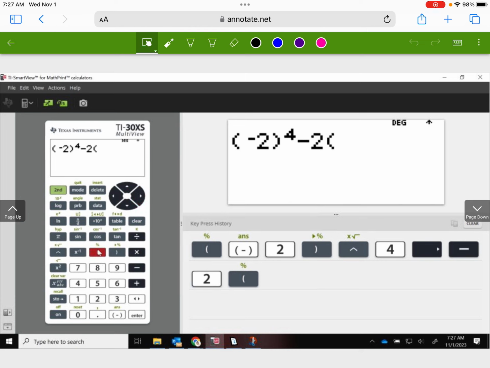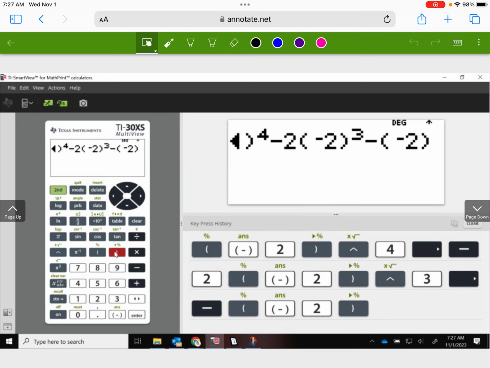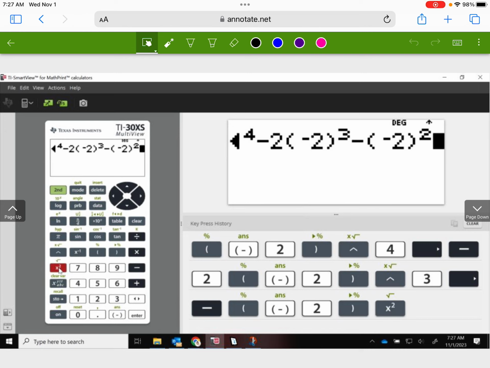-2 times -2. Again, to raise to that power, we're going to hit the up arrow that's just above the x squared to put in the 3. And then I'm going to push the right arrow again to get out of the exponent. Minus our -2 squared plus 1.